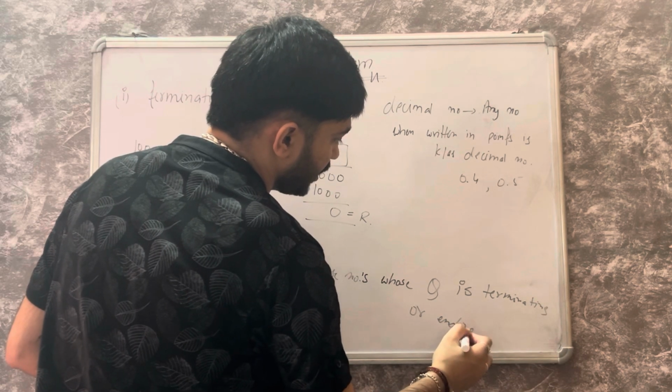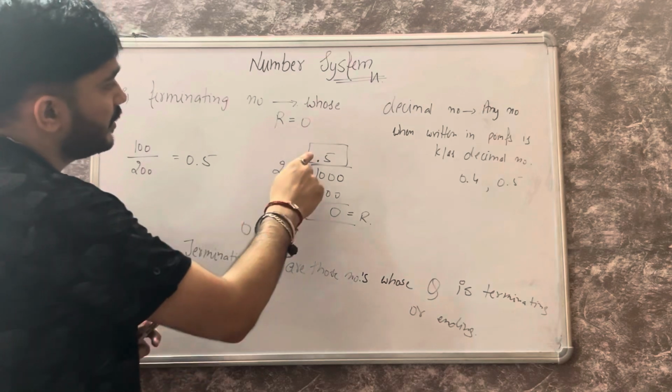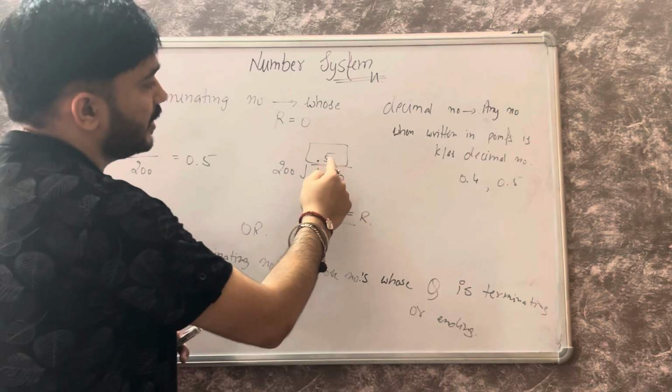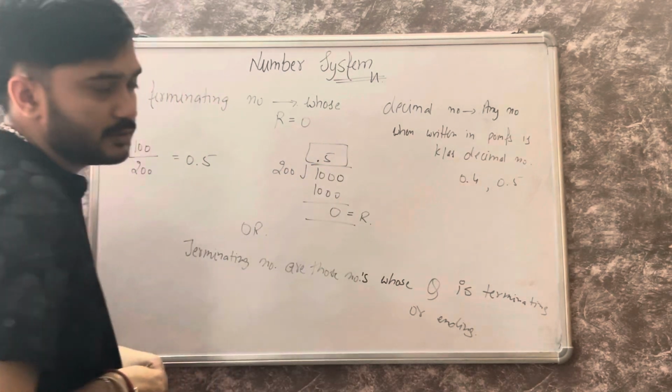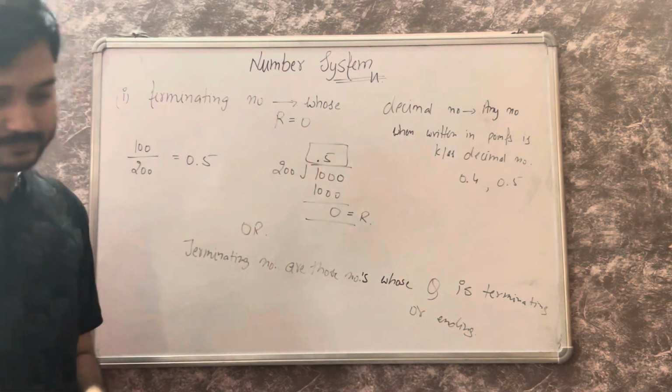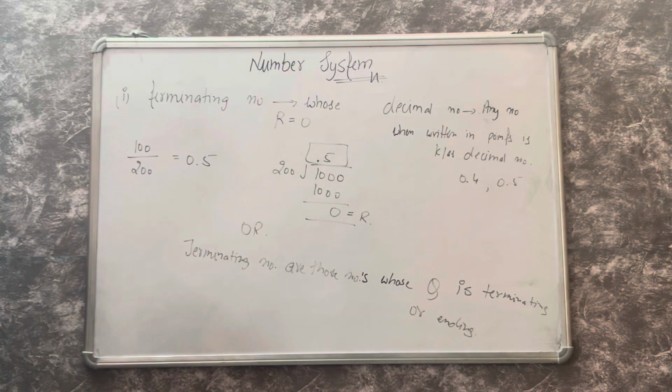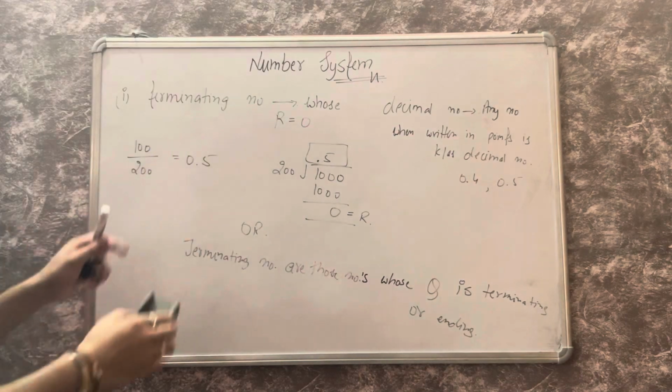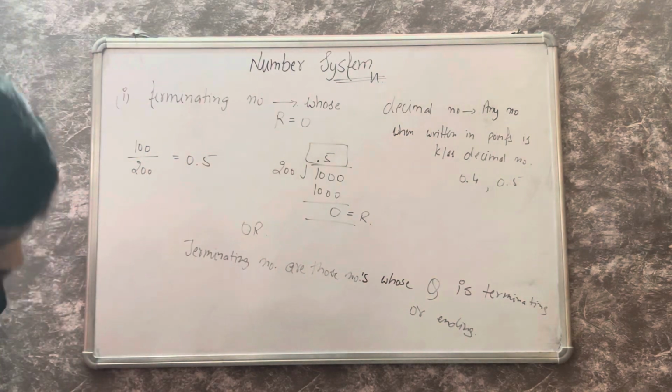What is the meaning of terminating? That is ending. This value has an end, it cannot move further. Any doubt? The answer is fixed here. So these are known as terminating numbers.